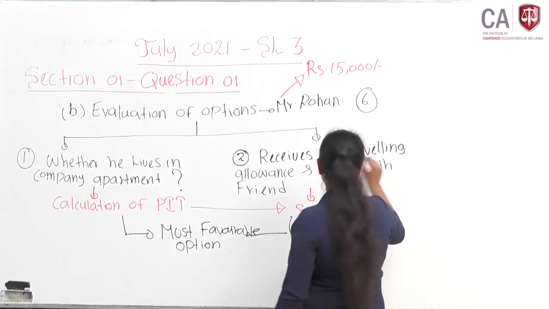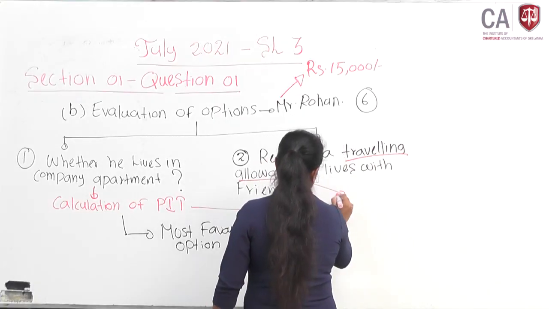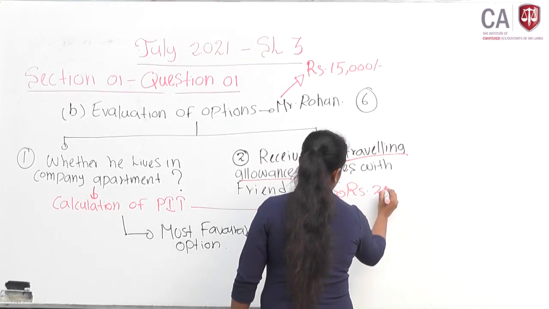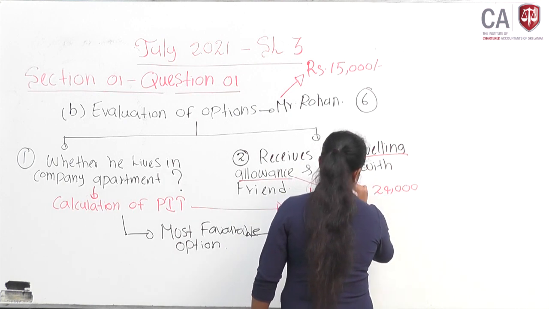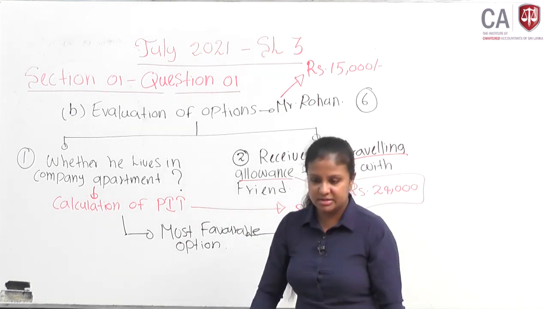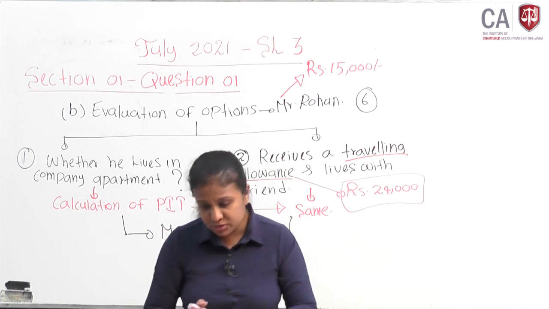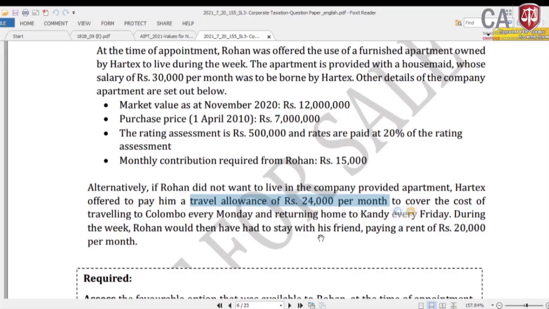The travelling allowance is rupees 24,000, to cover the cost of travelling to Colombo every Monday and returning home to Kandy every Friday.